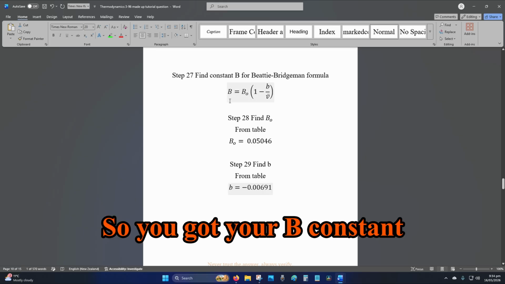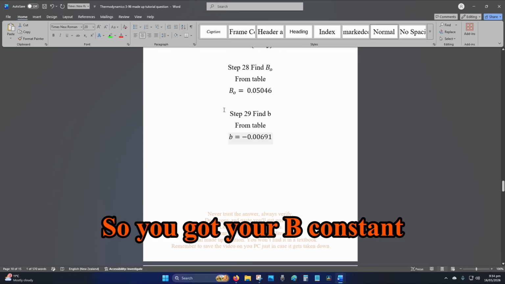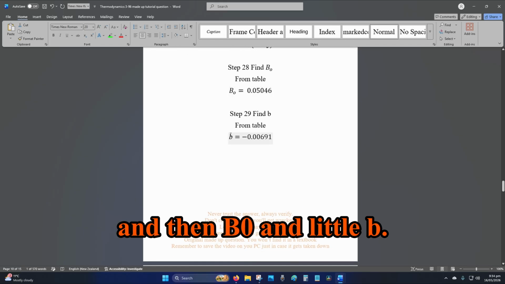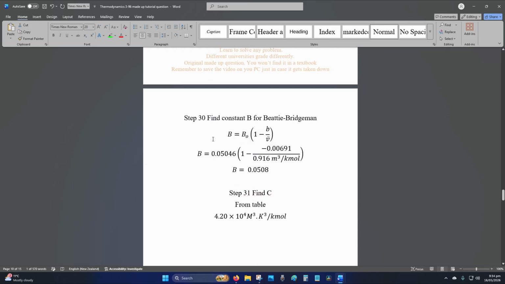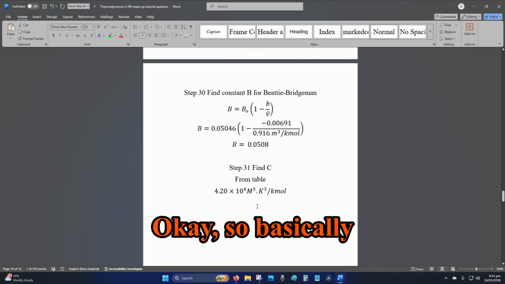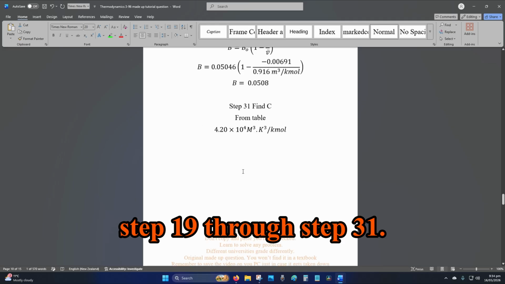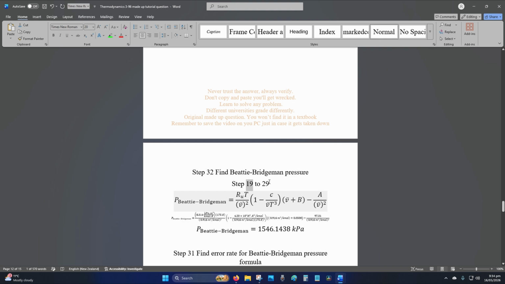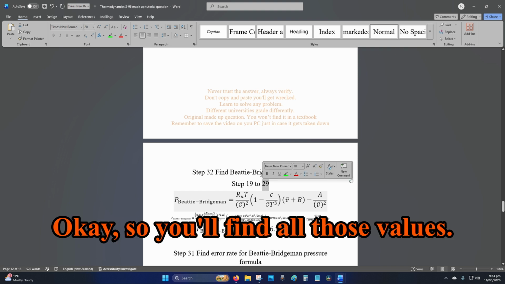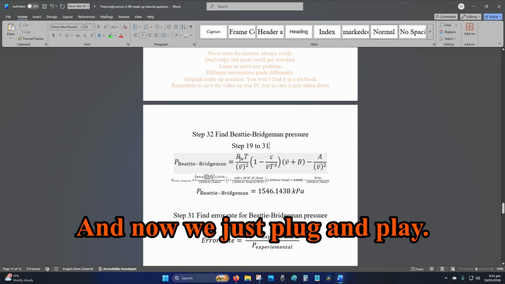So you got your B constant, and then B naught and little b. Okay, so basically step 19 through step 31. So you'll find all those values, and now we just plug and play.